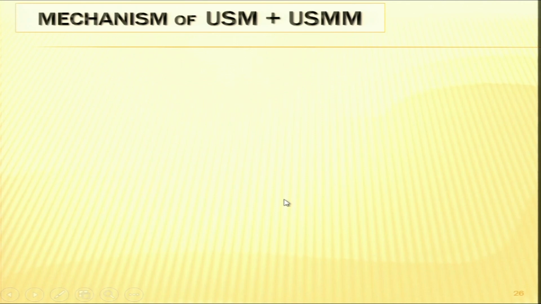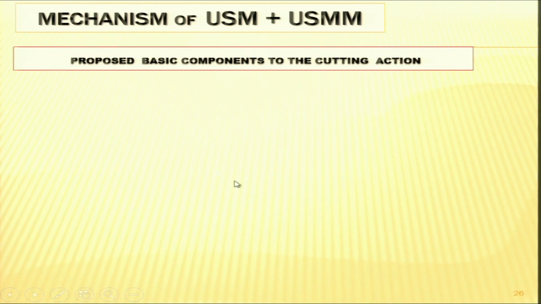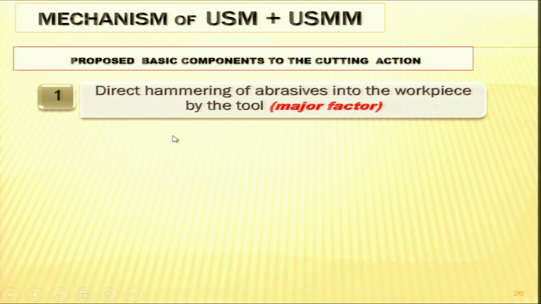Mechanism of ultrasonic machining and ultrasonic micro machining. It was proposed by M.C. Shaw, late M.C. Shaw, who proposed basic components of the cutting action. Direct hammering of abrasive into the workpiece by the tool, that is the major factor, means abrasive particles are directly hit by the tool.